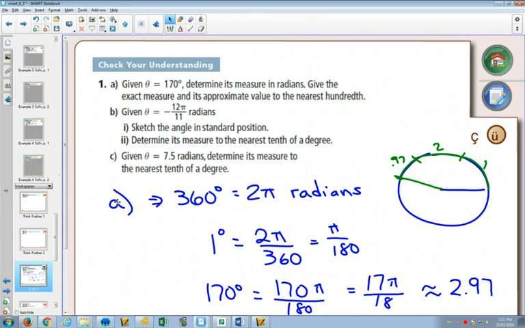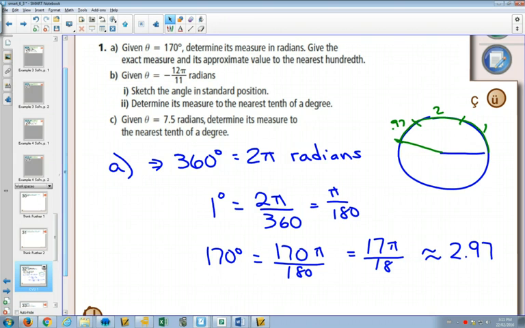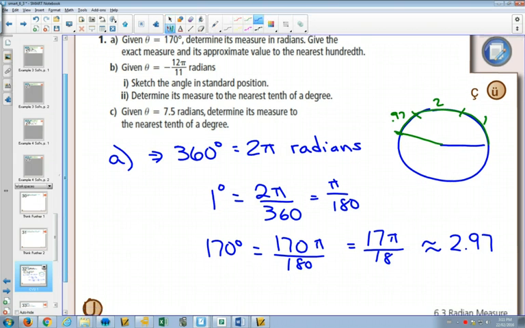So sometimes we're going to change degrees to radians. Sometimes we're going to change radians to degrees. So I'm going to show you how to do this with this same idea. And then I'm going to show you a shortcut if your radians has pi in it. Okay? So we've got negative 12 pi over 11.